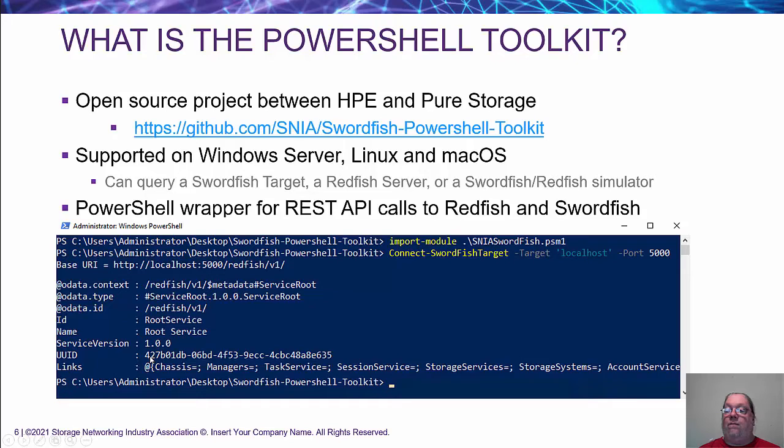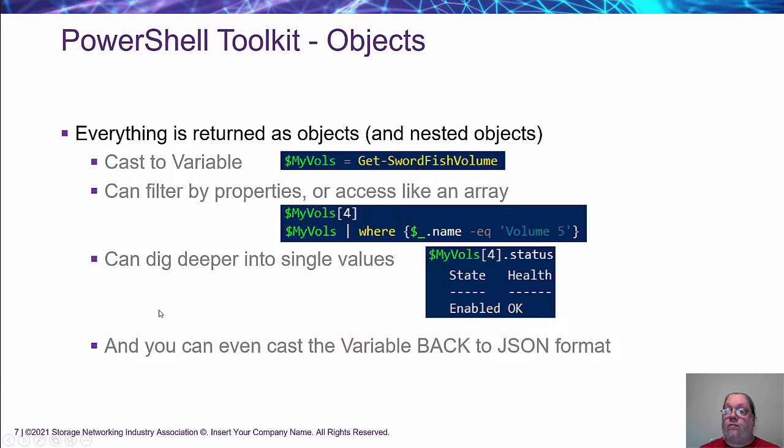And if it's rounded brackets, it's an array. But I'll show you what that looks like in a minute here. So basically, when you do a PowerShell command, and you can say my vols equals Get-SwordfishVolumes, that'll return each volume as an array item. And you can literally take this variable, because remember, it's not returning text.